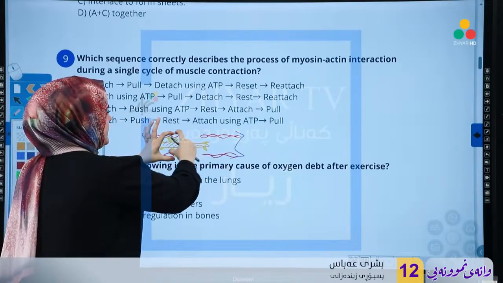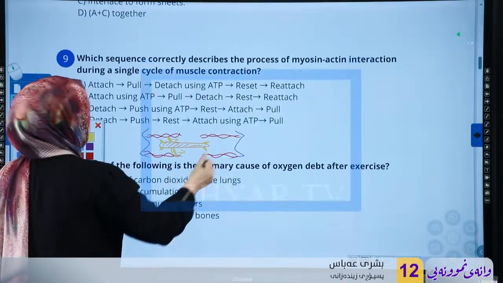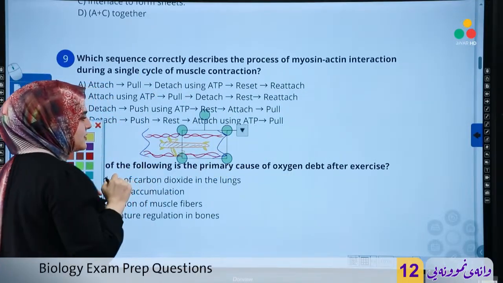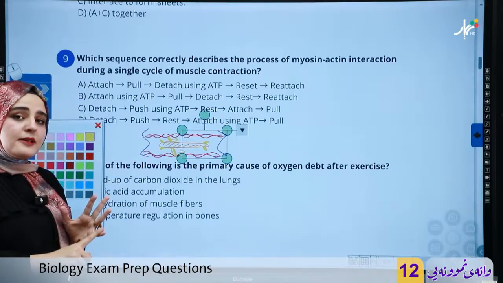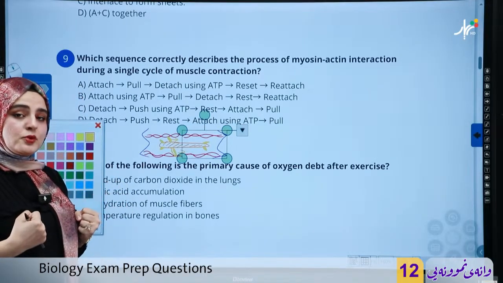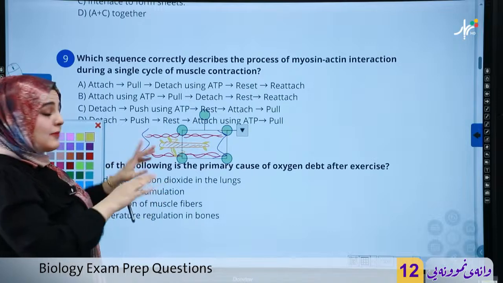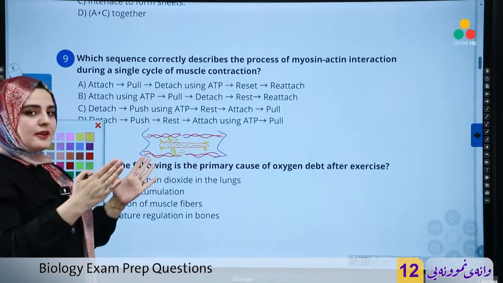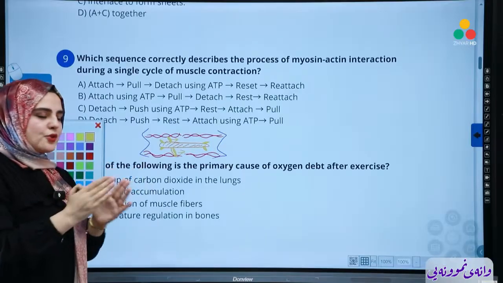These two lines are going to come closer, because of that movement. Attachment and then pulling towards each other, okay? The myosin, by the way, is not moving. The actin is moving. So the Z lines are coming closer, the sarcomere getting shorter.